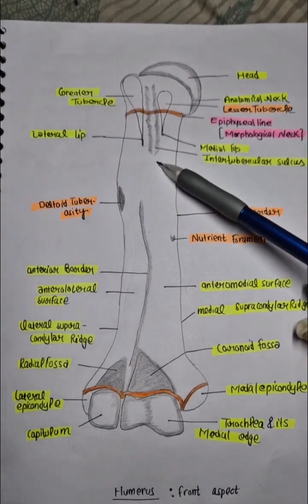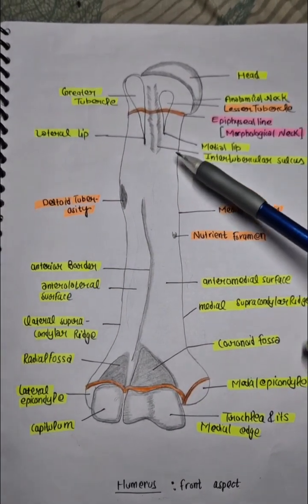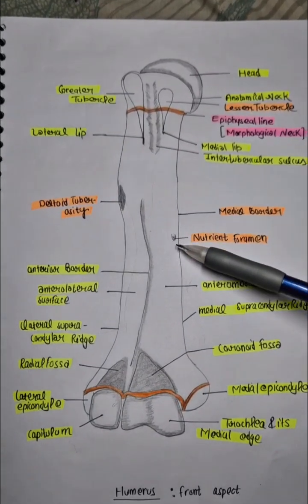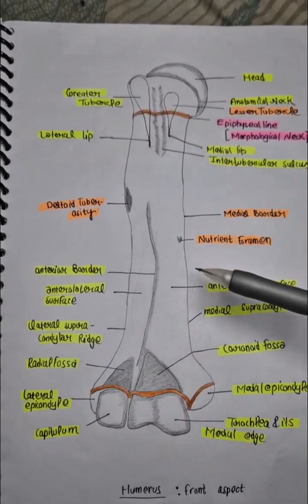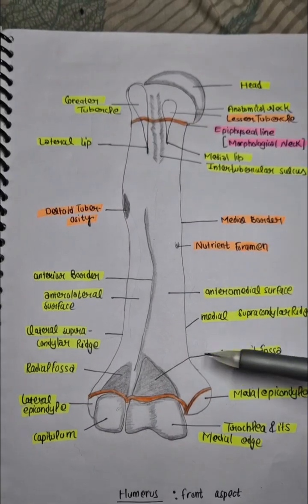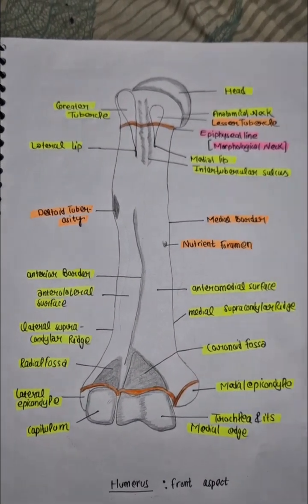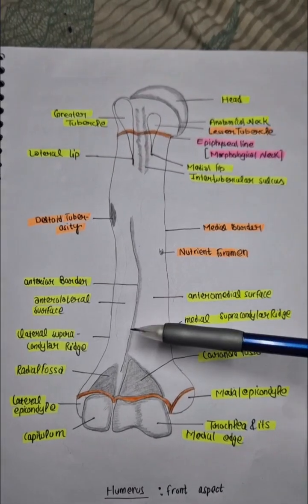Now we come to the medial border. In its upper part it forms the medial lip of the intertubercular sulcus, in the middle part a nutrient foramen, and in the lower part the medial supracondylar ridge.